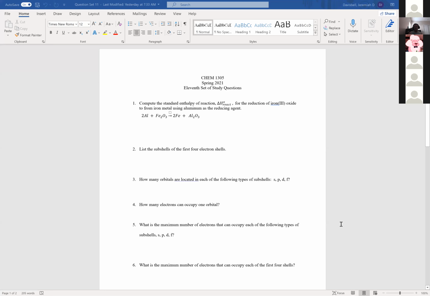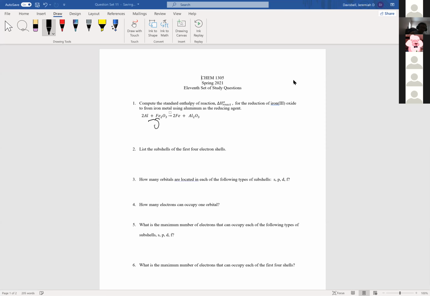All right. So for some strange reason, Dr. Alexander loves giving you guys standard enthalpies without any enthalpies. So for these two, the ones that we'll use, for iron it's going to be negative 822.2 kilojoules per mole.